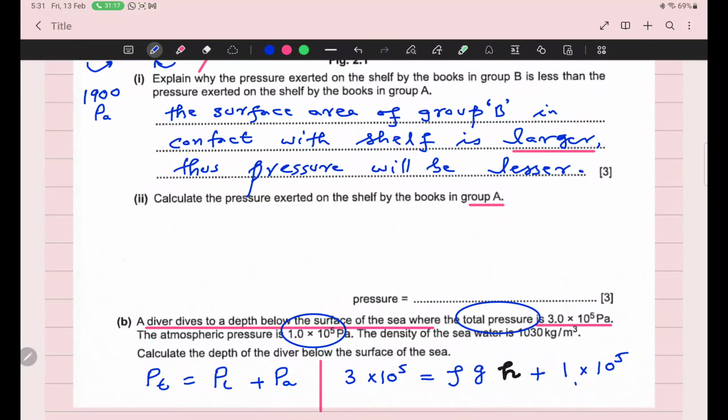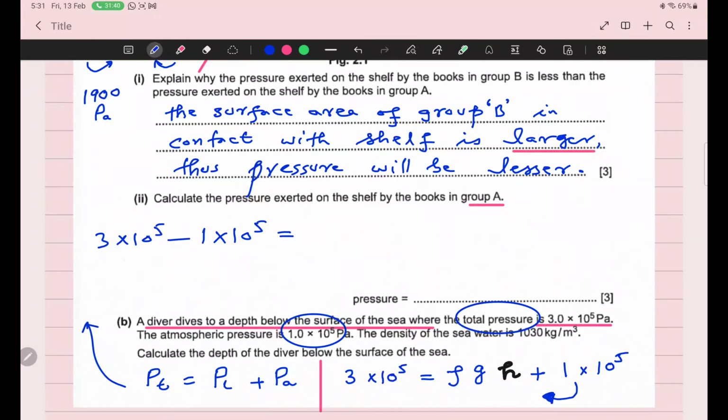Now I am shifting this number, 1 exponent 5, to the other side. It is plus, so it will be converted into minus. So 3 exponent 5 minus 1 exponent 5 is equal to rho g h.